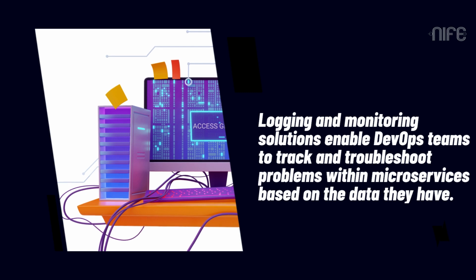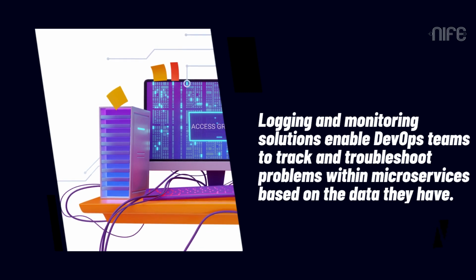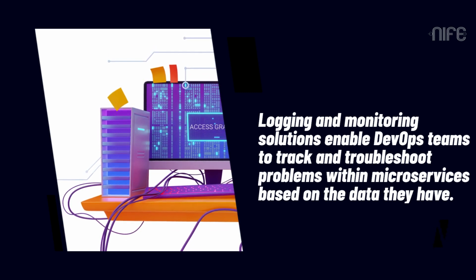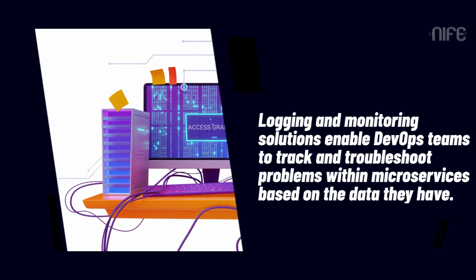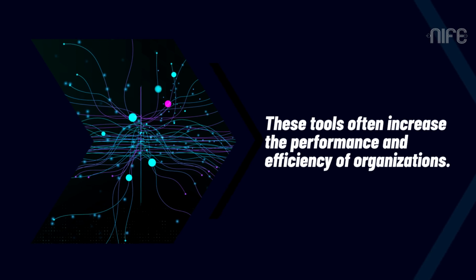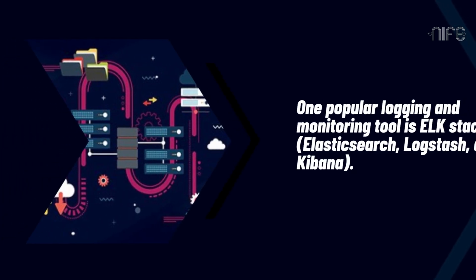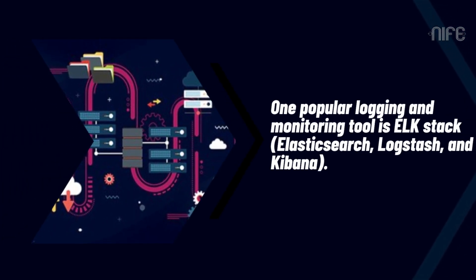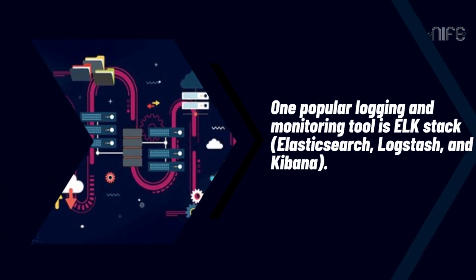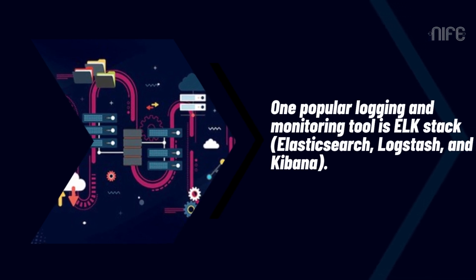Logging and monitoring solutions enable DevOps teams to track and troubleshoot problems within microservices based on the data they have. These tools often increase the performance and efficiency of organizations. One popular logging and monitoring tool is ElkStack, Elasticsearch, Logstash, and Kibana.